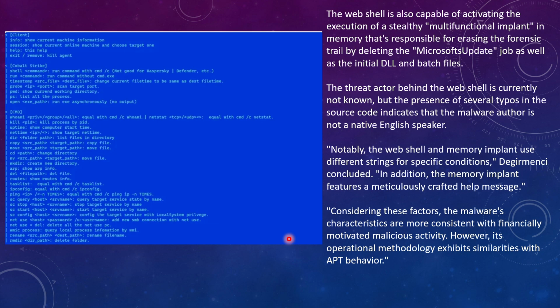In addition, the memory implant features crafted help messages. Considering these factors, the malware's characteristics are more consistent with financially motivated malicious activity. However, its operational methodology exhibits similarities with APT behavior.